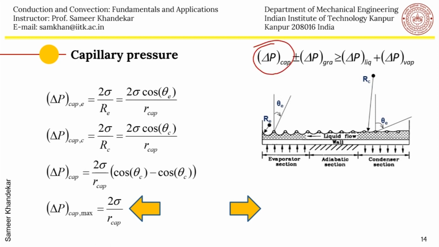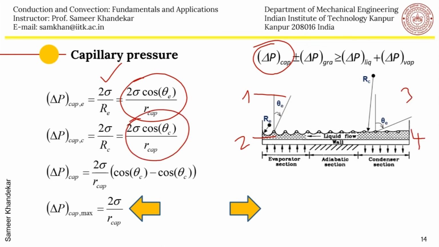and naturally the theta E is different than theta C, and therefore the delta P capillary which exists between 4 and 2 is 2 sigma by r cap times cos theta C minus cos theta E. And naturally, since cos 0 is equal to 1, in the limiting cases this will become 1, this should be E, and this should become 0, and therefore the maximum capillary pressure is 2 sigma by r cap.